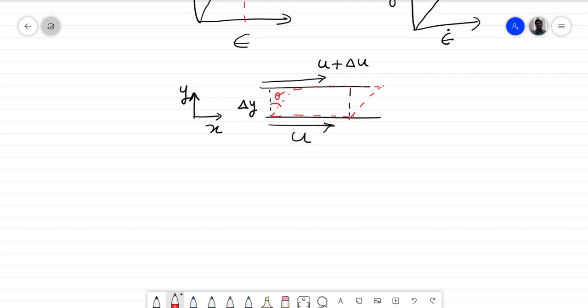If we consider a very small time delta t in which this happens and a very small width delta y, so we are in the limit delta t approaching 0 and delta y approaching 0, we can define strain as almost equal to tan theta, which is equal to the difference in velocities between the layers, delta u, times the time delta t which has passed.